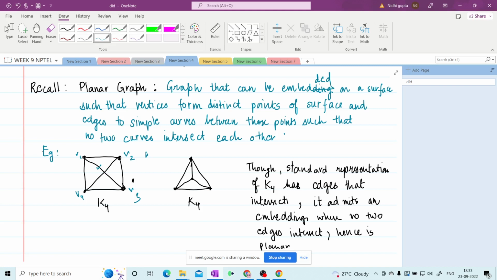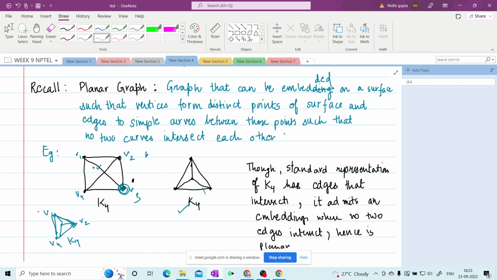But if we give this graph a different representation, that is, if V3 is shifted to the interior, so we have this V1, V2, V4, and if we shift this V3 to the interior, then this is also K4, and no two edges have an intersection. So we see that K4 is a planar graph.